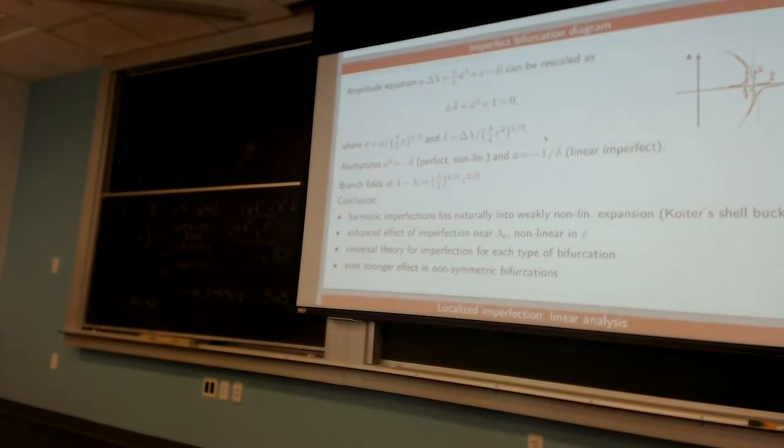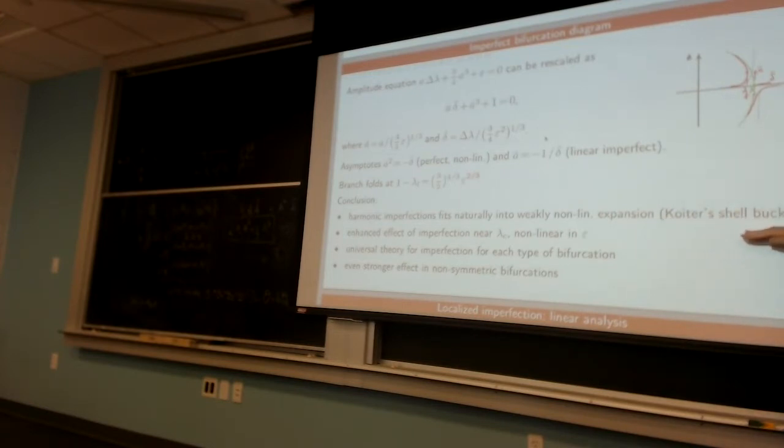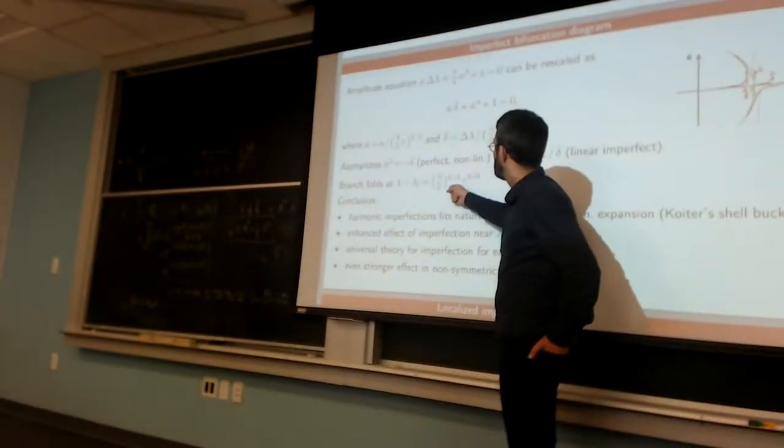Well, the few things I'd like you to remember from that is that these imperfections fit naturally into the Koiter expansion, and actually the Koiter expansions were so popular because they allowed one to address the effect of imperfection, which are so important in some cases, like shell buckling. The effect of imperfection is intrinsically nonlinear.